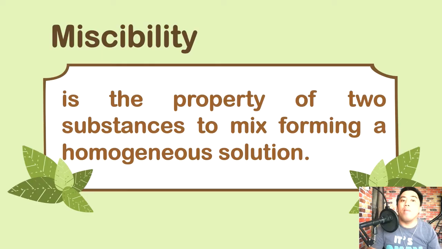Miscibility is the property of two substances to mix forming a homogeneous solution. So, yung sugar and water, nag-form sila ng homogeneous solution. Pero ang oil at ang water ay hindi.